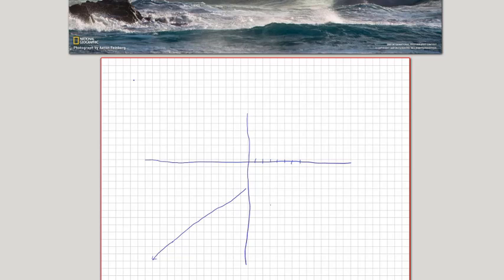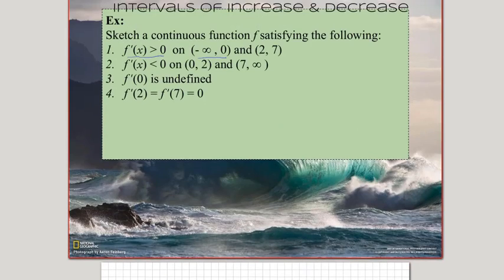Now at this point, without looking at the other restrictions, I can pick any point at 2, and I want to be increasing to where x is 7. And notice I'm doing open circles because the interval is non-inclusive, open parentheses.